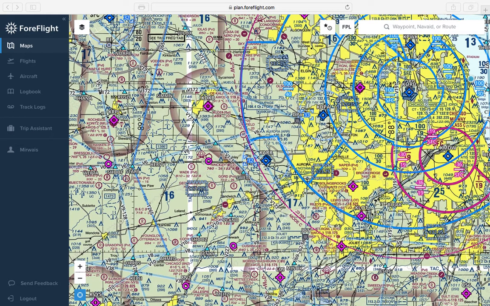Cloud clearances inside the Bravo airspace are 3 statute miles visibility and clear of clouds. So visibility would be 3 statute miles and you have to stay clear of clouds. That's your cloud clearances.